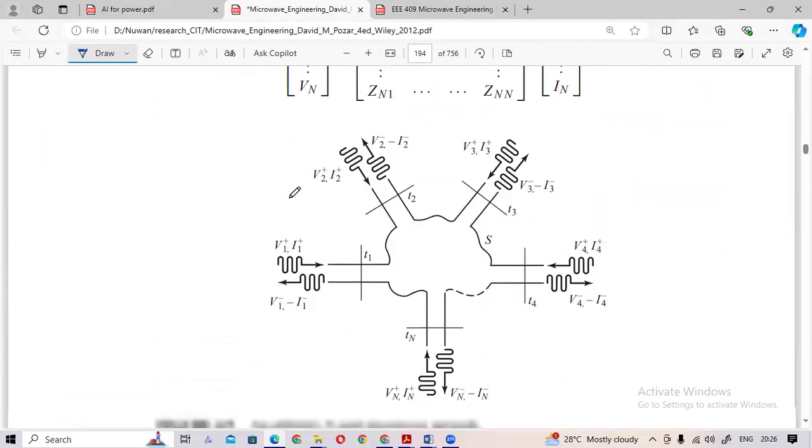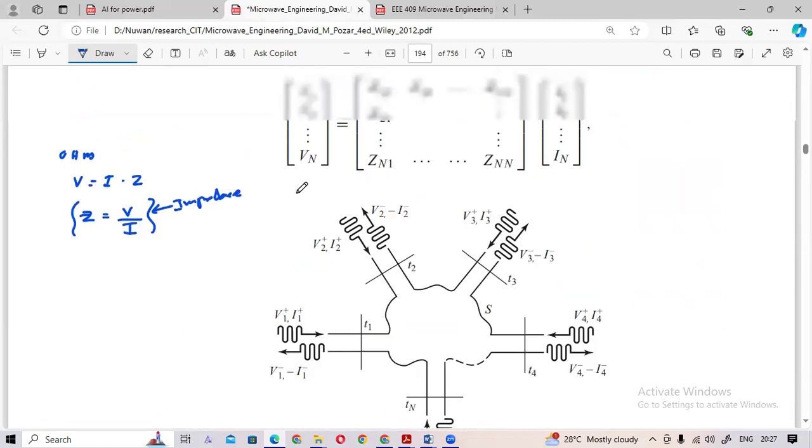How can we get the impedance? We know by Ohm's law that V equals I Z, so Z is V divided by I. This is how we define the impedance: voltage divided by the current.